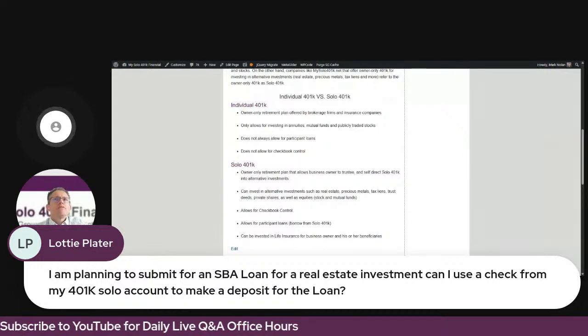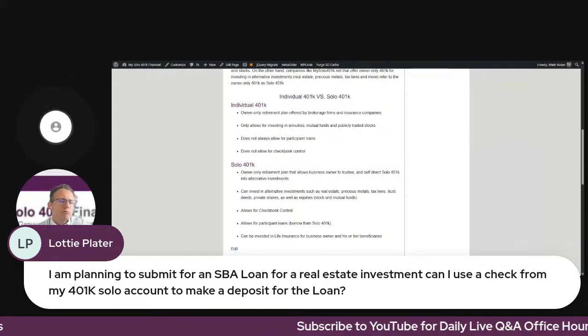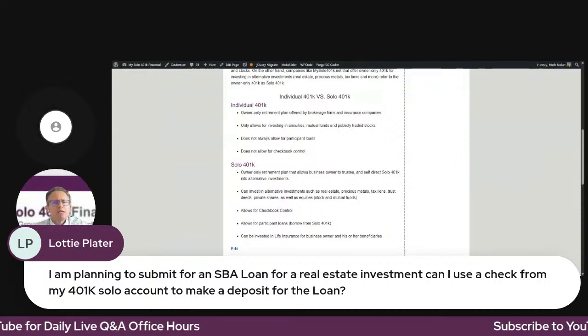Now, a self-employed 401k, when we're talking in the context of an individual 401k, is typically one offered by a brokerage firm or a bank institution, and it's a watered down type of self-employed 401k.